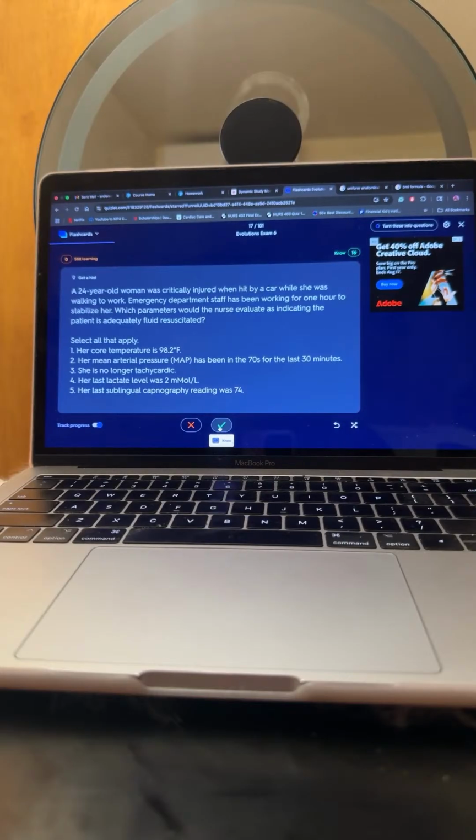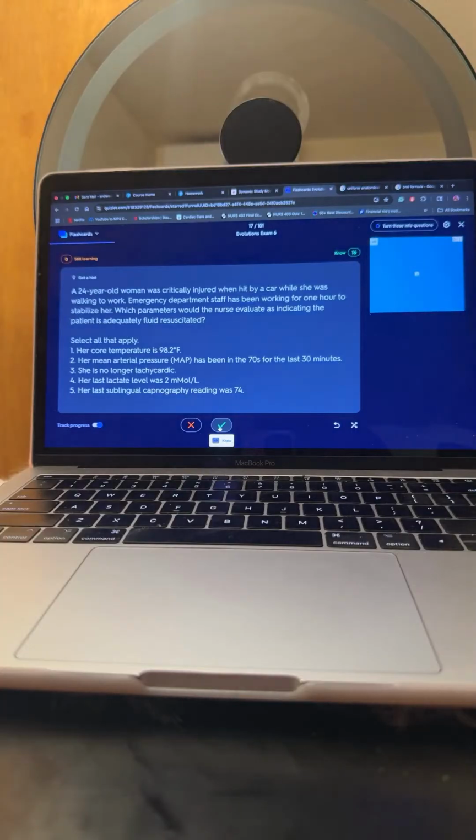A 24-year-old woman was critically injured when hit by a car while she was walking to work. Emergency department staff has been working for 1 hour to stabilize her. Which parameters would the nurse evaluate as indicating the patient is adequately fluid resuscitated?